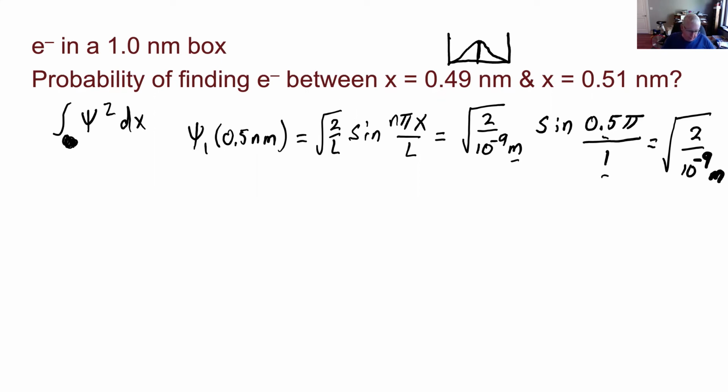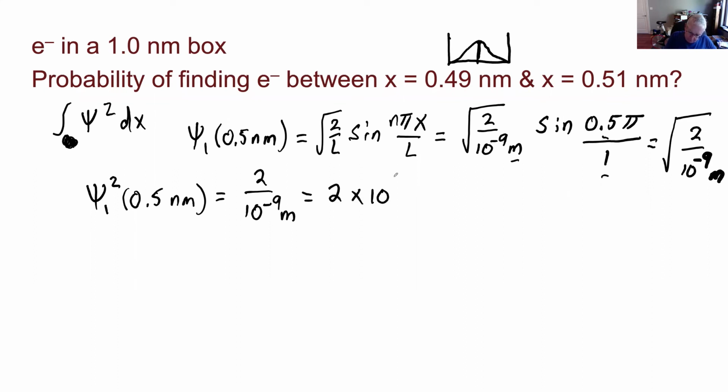If I take psi squared at halfway across, I'm just going to get rid of the square root, so I will have 2 over 10 to the minus 9 meters, which will be equal to 2 times 10 to the 9th, with units of 1 over meters.